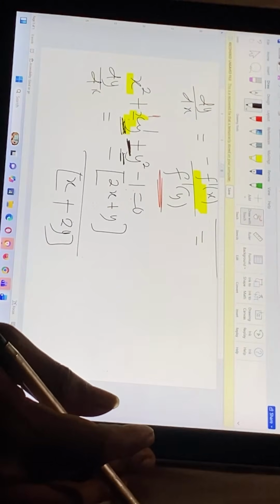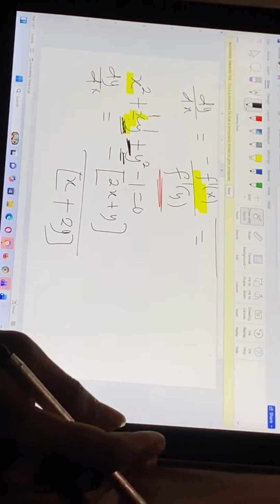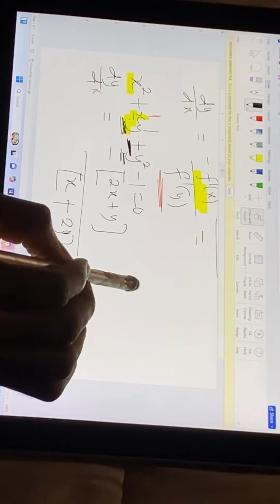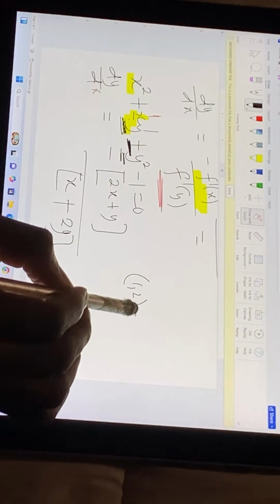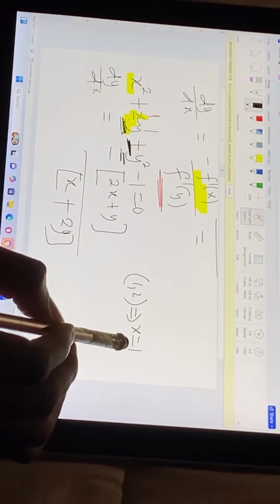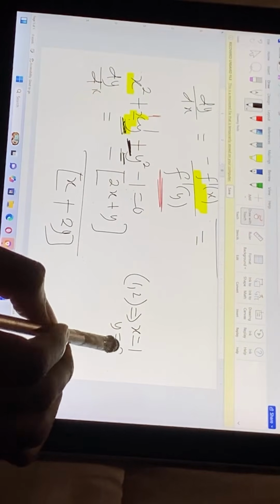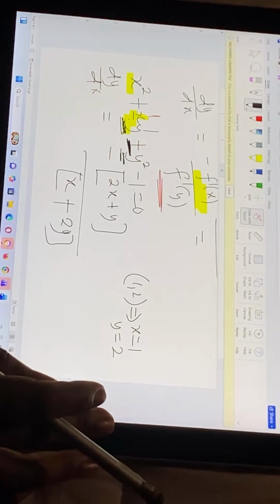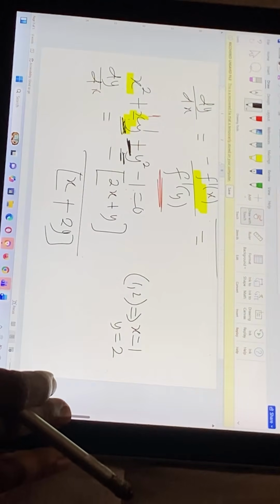But here we are given the value of s, 2 s to 1, y is equal to.